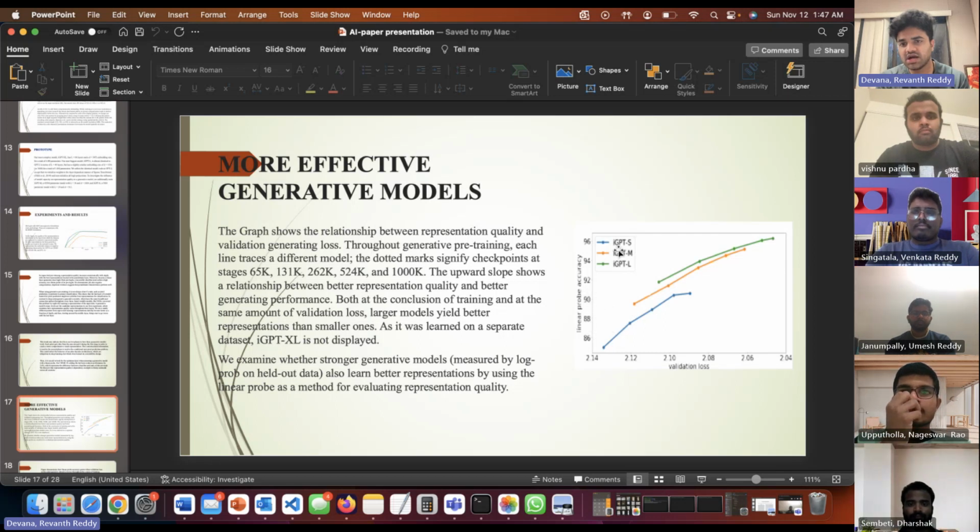As you can see here, iGPT-S, in blue, has comparatively smaller D and smaller L. Orange indicates iGPT-M, which shows a better improvement than this one. And when compared to iGPT-L, since it uses larger values, you will be getting better representation quality for generative models, as you can see in the graph.